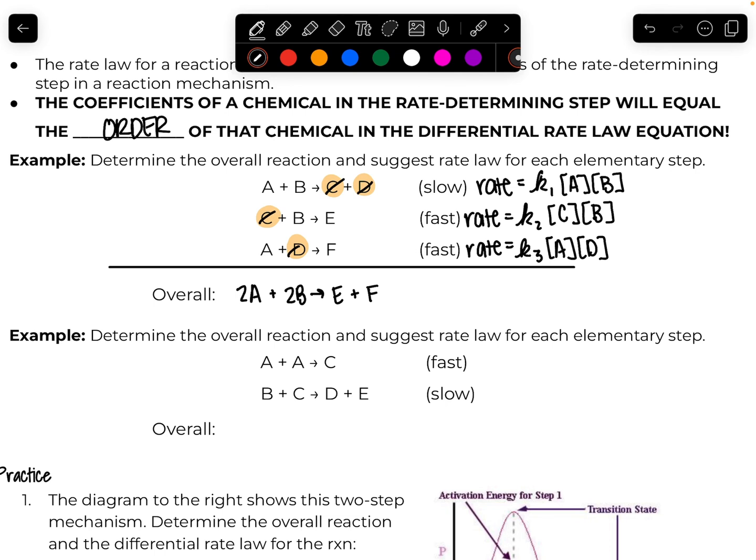So back to that big bold term again, the coefficients of a chemical in your rate determining step will equal the order of that chemical in the differential rate law equation.